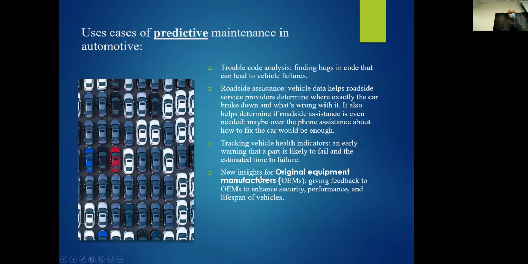One more slide, and then we call it a day. So predictive maintenance could be, we monitor trouble codes, so we collect data from sensors, right? Which can help us find the bugs before they actually happen.